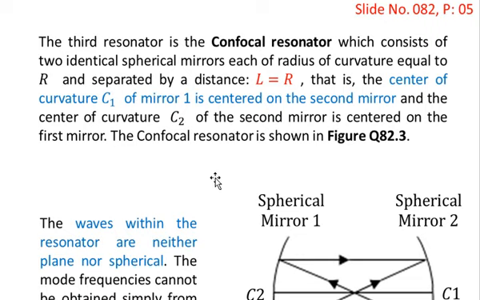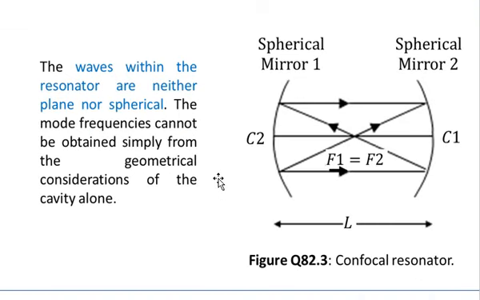The confocal resonator is shown in figure number 3. You can see that we have spherical mirror 1 on the left and spherical mirror 2 on the right-hand side. The center of curvature of spherical mirror 2, which is C2, is lying on spherical mirror 1, and similarly the center of curvature of spherical mirror 1 is lying on spherical mirror 2.